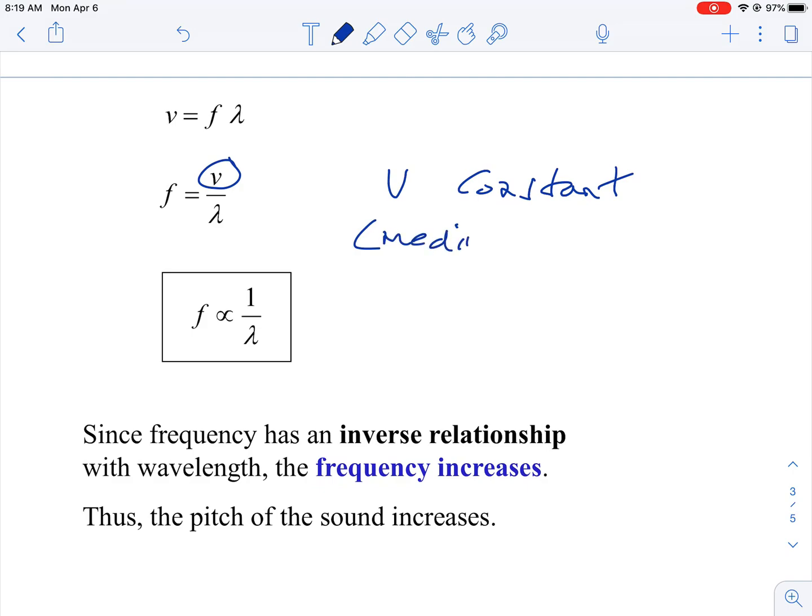The medium. So if we stay in the same medium, same temperature, etc. of the air, then the speed will stay constant. They have an inverse relationship. So therefore, if the wavelength decreases, then the frequency increases, and therefore it's going to go up in frequency.